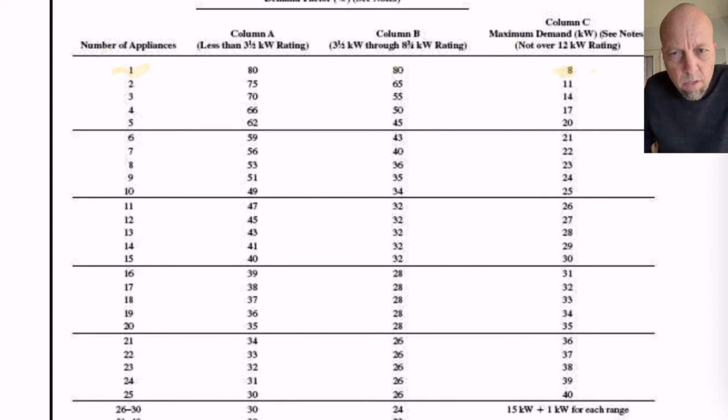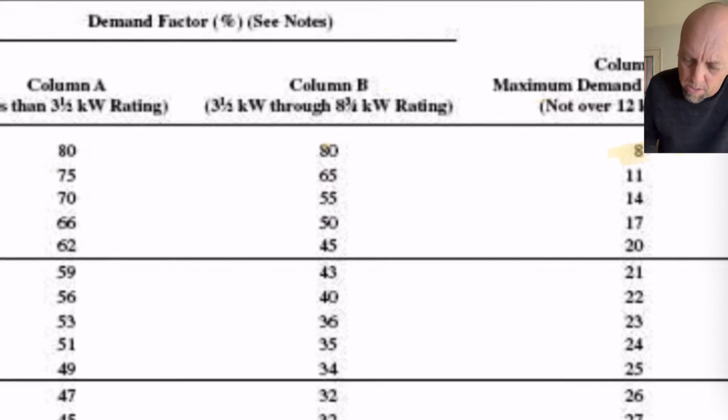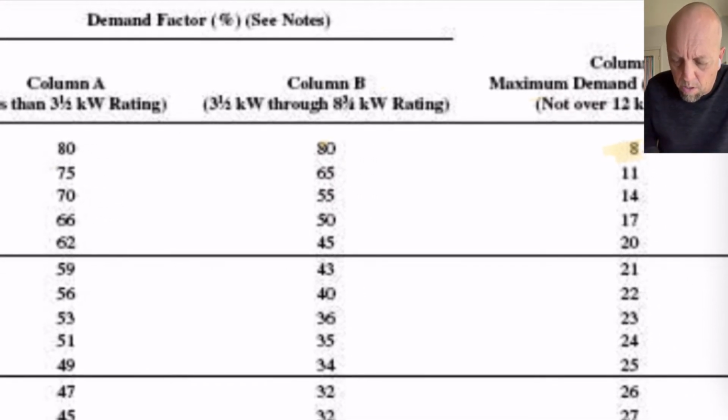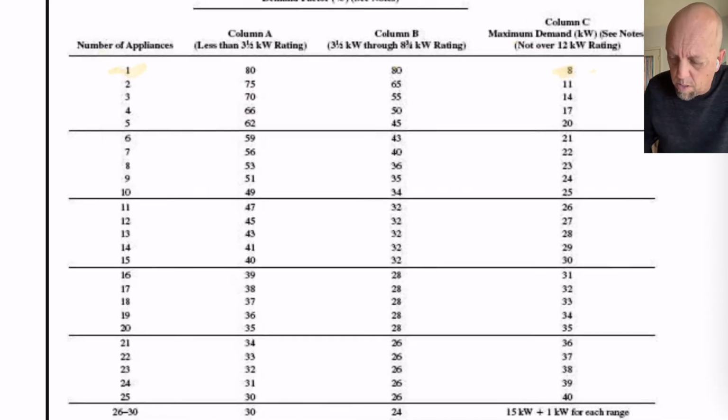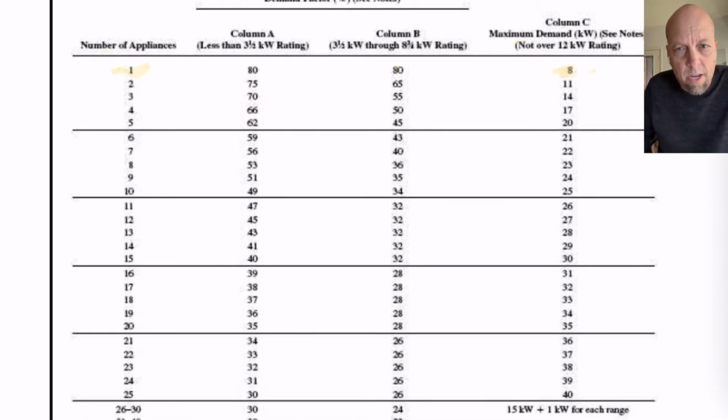And then all the way over to the right-hand side, in column C, there is an 8, which is for 8,000 watts, because this is for ranges larger than 8 3/4 to 12 kW. It tells you that the maximum is from column B to column C. So 8 kW is already figured out for you for this.